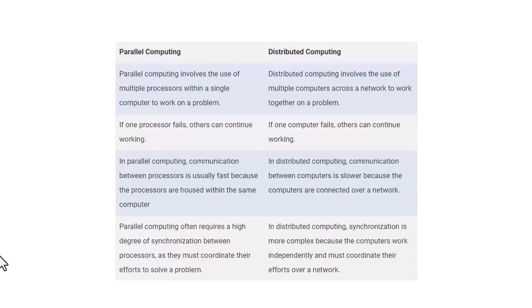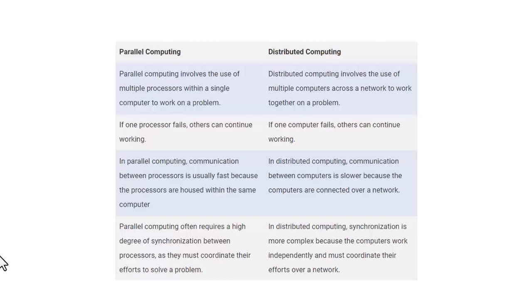So remember, there is some similarity. If in parallel computing one processor fails, others will work, and here if a computer fails, others will work. But in distributed computing, the performance is less affected. It can be affected if we have 10 computers and 9 fail, but the ratio is less as compared to parallel.